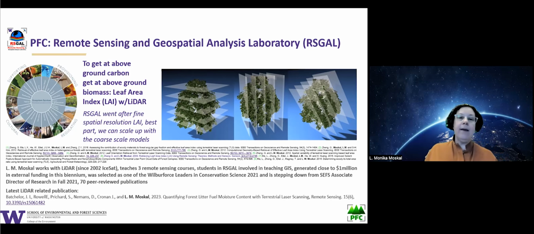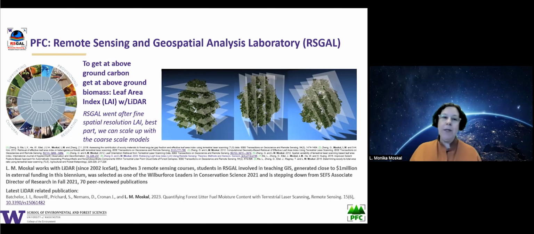And the amazing thing about leaf area index is that although we devised techniques to utilize terrestrial laser scanning to get at leaf area index, we can scale up LAI to other sensors because it's the same variable. It's the number of leaves over an area on the ground. So we can scale up to aerial LiDAR, we can scale up to spaceborne LiDAR, or other remote sensing variables.